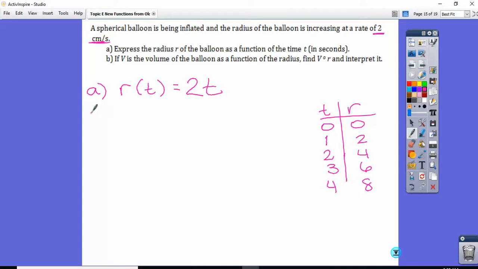Okay, B. So this one says, if V is the volume of the balloon as a function of the radius, find V composed with R and interpret it.